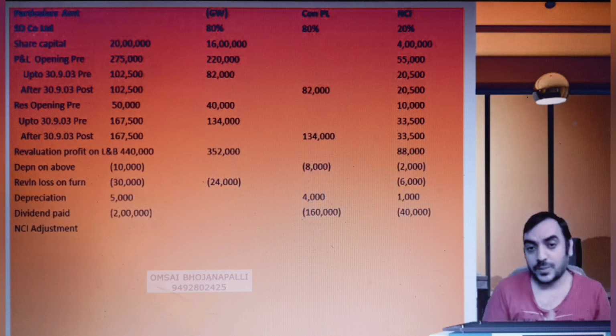So on 30th September 2003, it becomes 15 lakh 60,000 and revalued at, no, revalued at 20 lakh. So the difference is 4,40,000. Fair value adjustment. This is on land and building.